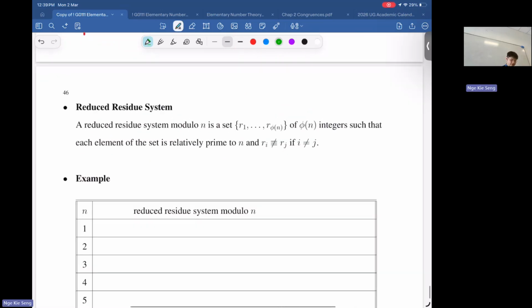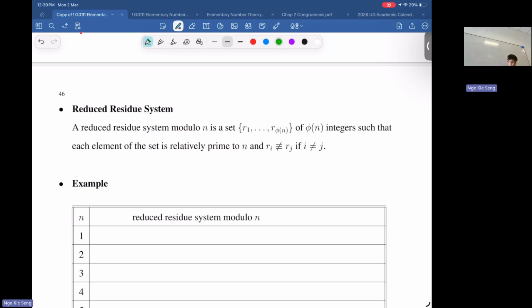Next we will introduce something called the reduced residue system modulo n. Previously you had the complete residue system. Basically, you just pick all the remainders as your system. But now the reduced one means you pick numbers such that each is relatively prime to n.